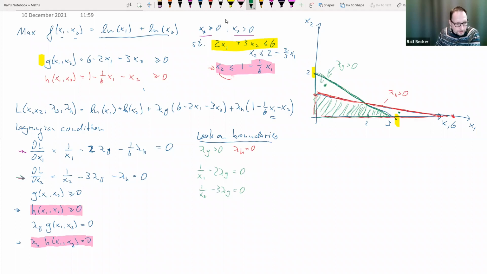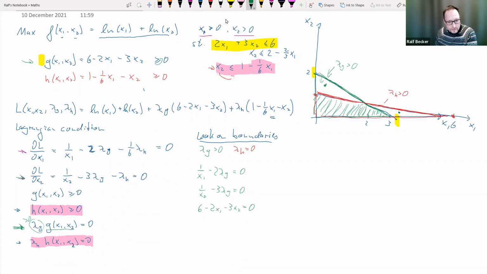Well, we invoke the complementary slackness condition, because if lambda g is larger than 0, then g has to be equal to 0. So we'll go to our g constraint, which is here, and we're using the equal to 0 bit. So we have 6 minus 2x1 minus 3x2 is equal to 0.